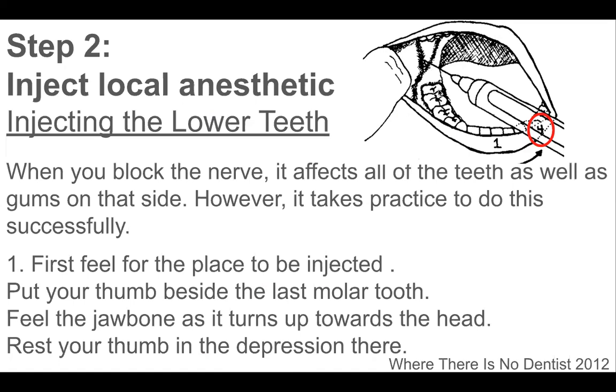Your needle needs to go between the third and the fourth teeth, counting central incisor, lateral incisor, canine, and first premolar. Put the needle at the tip of the triangle of the depression.